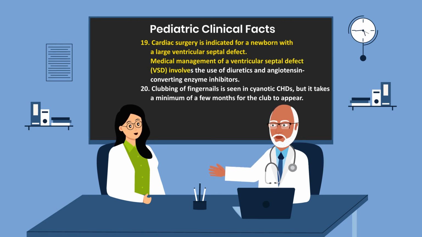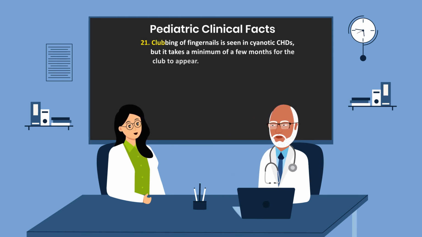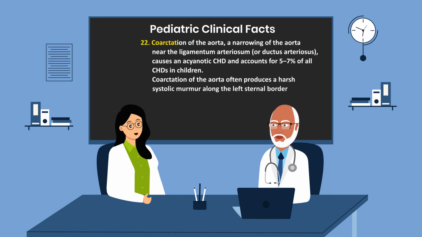Medical management of a ventricular septal defect involves the use of diuretics and angiotensin converting enzyme inhibitors. Clubbing of fingernails is seen in cyanotic congenital heart diseases, but it takes a minimum of a few months for the club to appear.